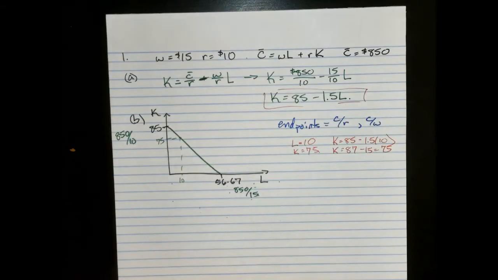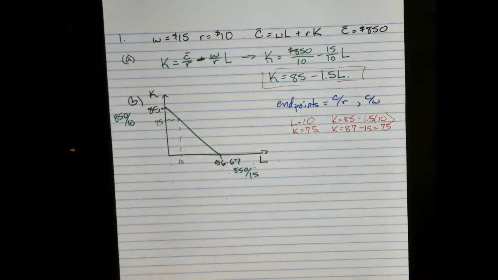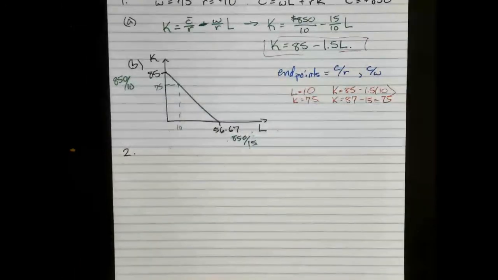So for part two, we're going to be looking at the consumer preferences side of things. I'm going to just slide this up a little bit here. And we start out with a consumer, Jana, who consumes two things, food and stuff.